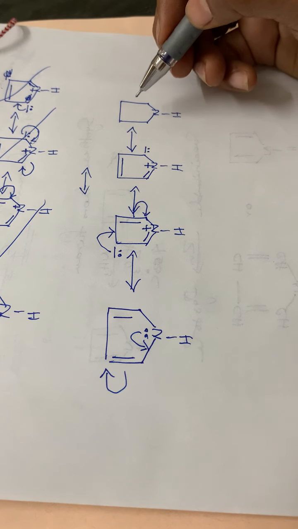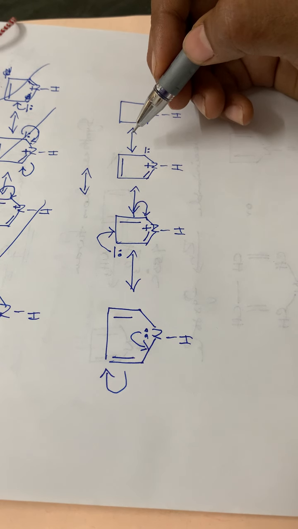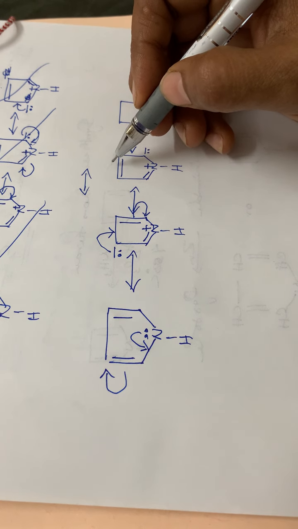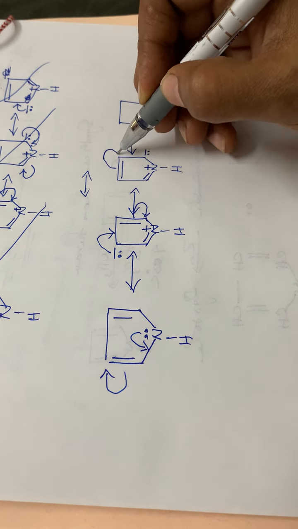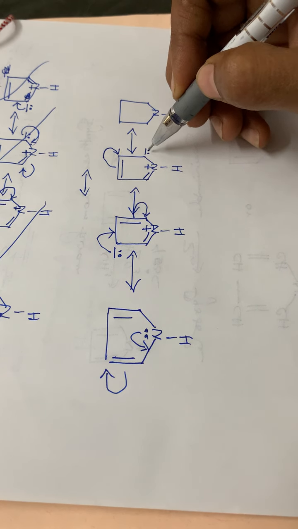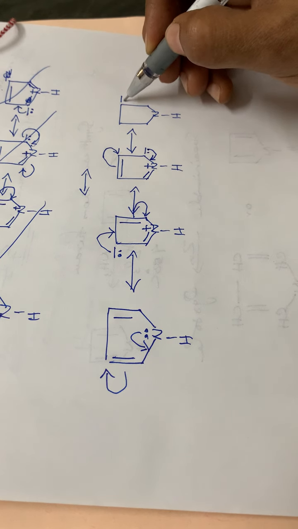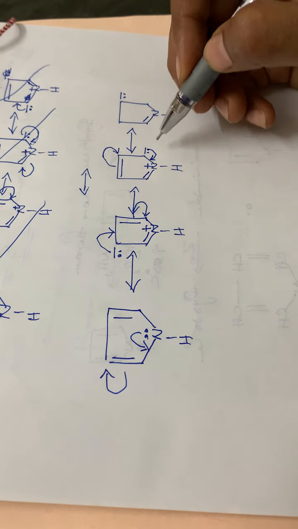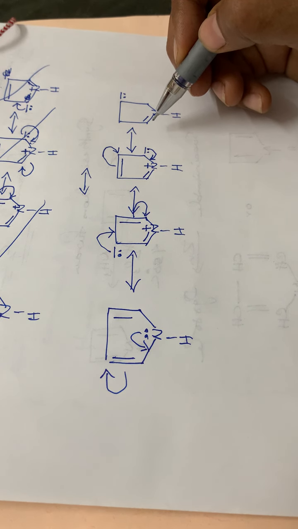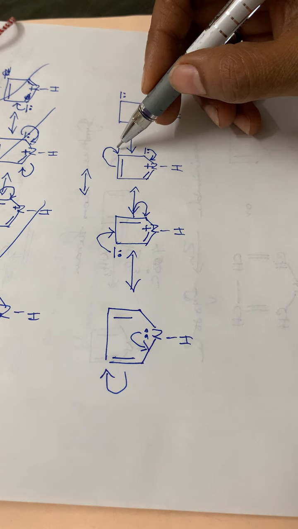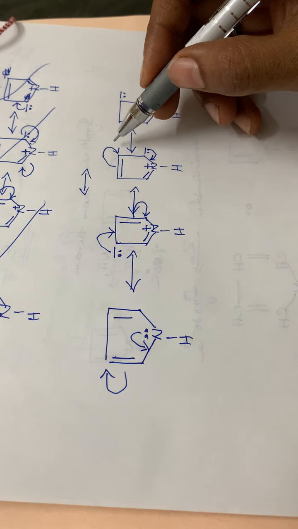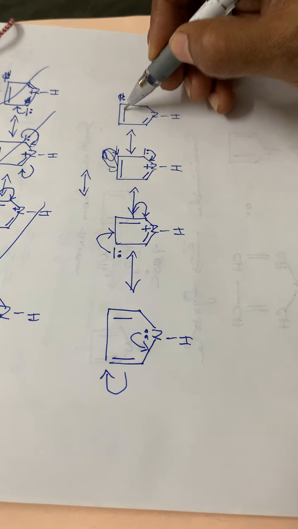Then the next structure, the fourth structure, NH. Then again, what about the electron pair shift? This double bond to this position, then this negative charge to this position. Okay. Sorry, not here. Again, I am making a mistake.